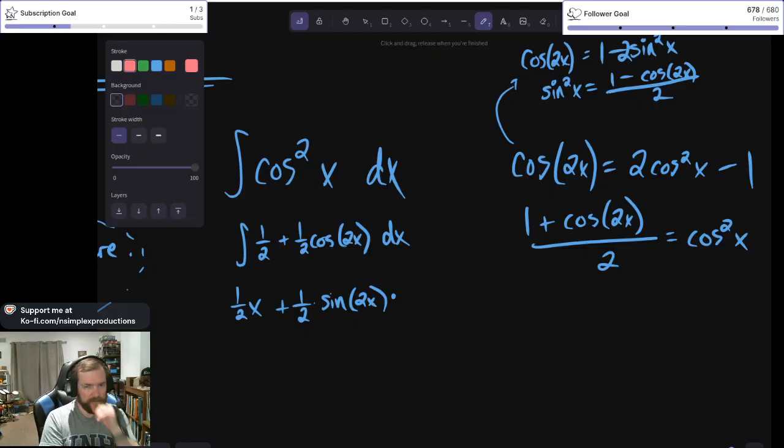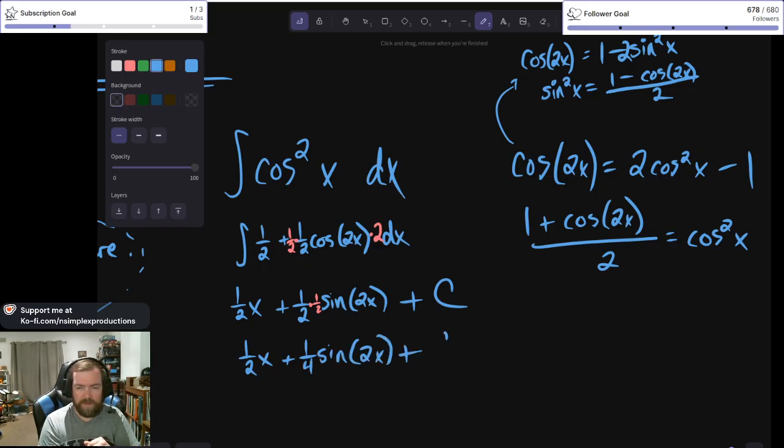If you remember, the derivative of sine of 2x is going to be cosine of 2x times 2 dx. So we need a 2 here, which means we also need another 1/2 here. So, 1/2 x plus c, plus 1/4 sine of 2x plus c.